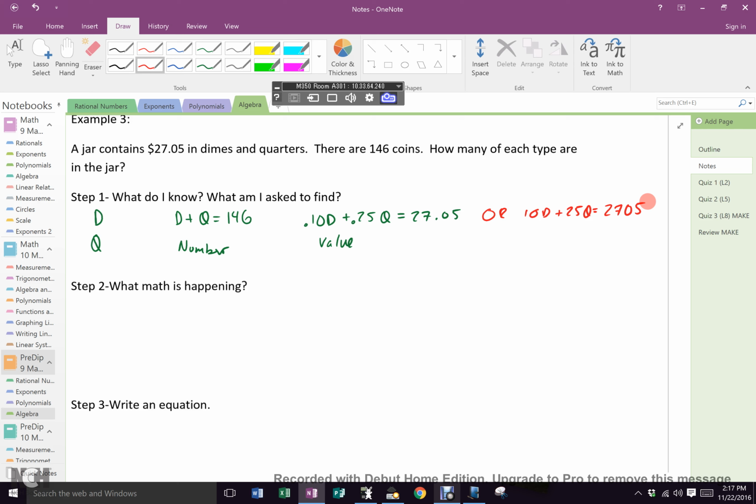Now, which one works? Can I use the 2 unknown method? Can I use the 1 unknown method? Can I use either? No, you have to use. I've written it in such a way to railroad you into a choice, haven't I? It's a dime and quarter, so you have to use the cents.